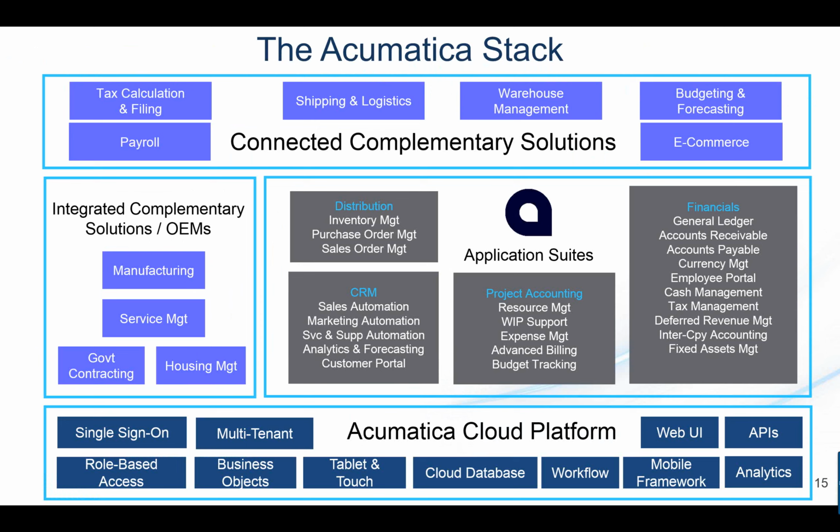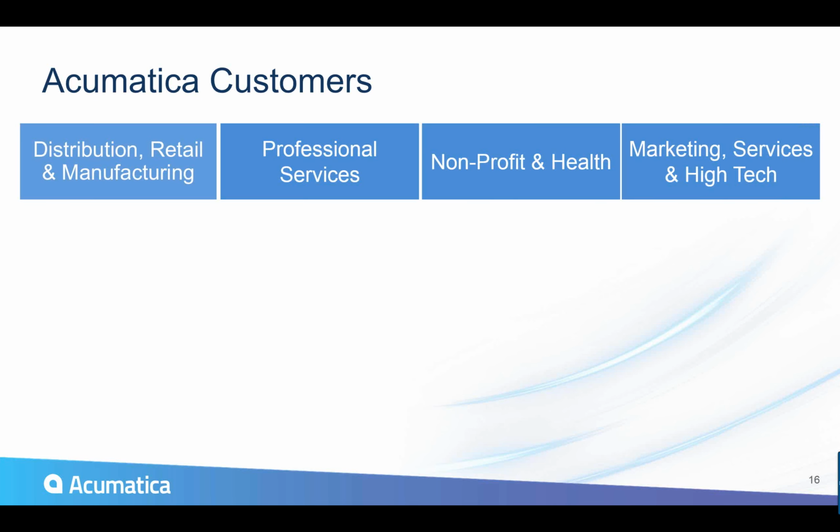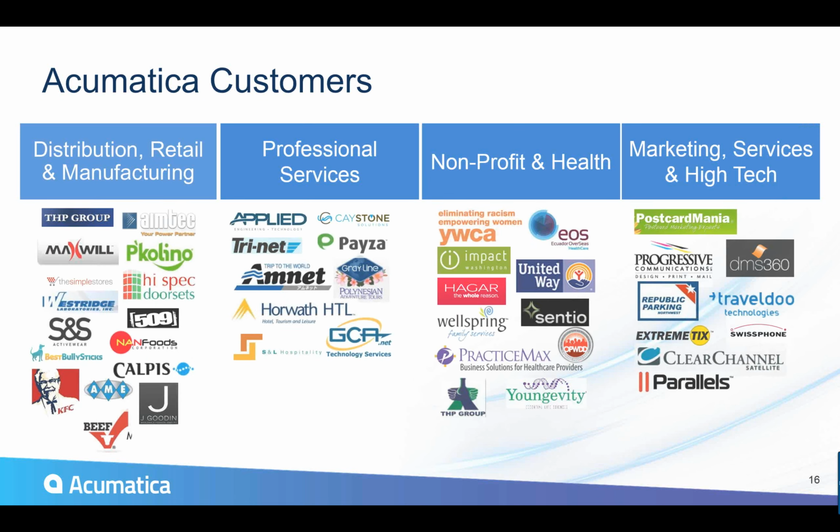So the Acumatica stack has these connected complementary solutions that not every customer wants, but you can plug in very quickly and easily. And then we talk about where we have customers, and so a snapshot of some of the customers that people will recognize, some of the brands like KFC, Parallels, Clear Channel, Republic Parking, and some of the other names they may not necessarily know.